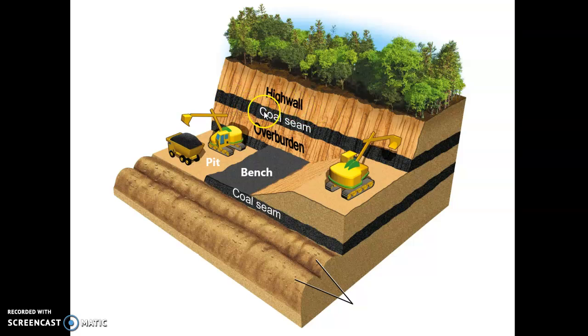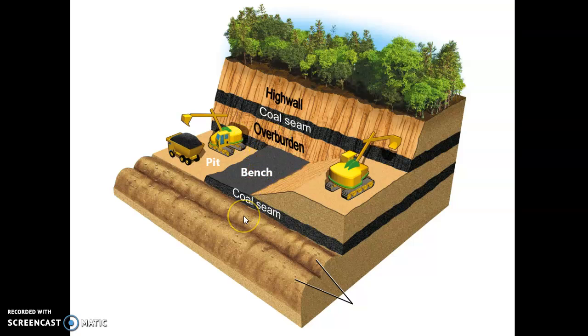The giant machines come in and dig out the coal from this coal seam, deposit it in a container, which is removed. Then once that coal seam is exhausted, there's another section of soil called an overburden that needs to be removed, again, typically dumped aside, and then that seam is extracted.